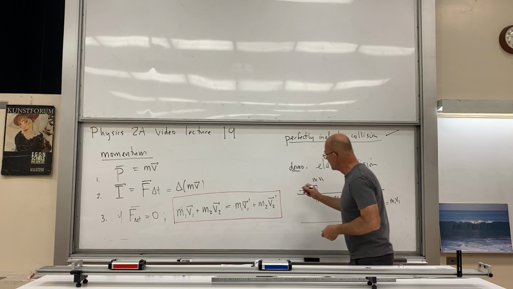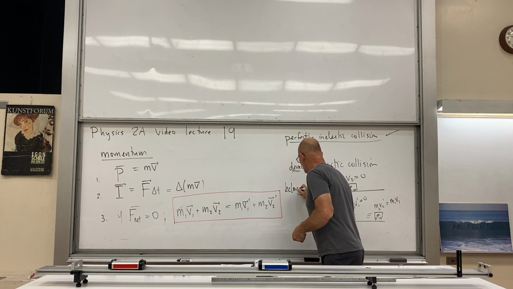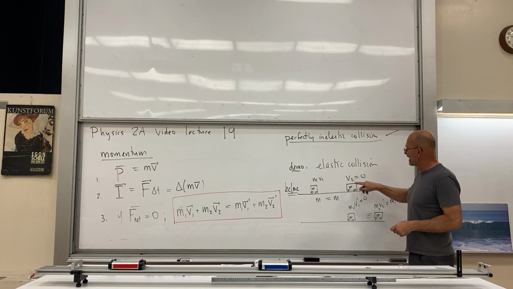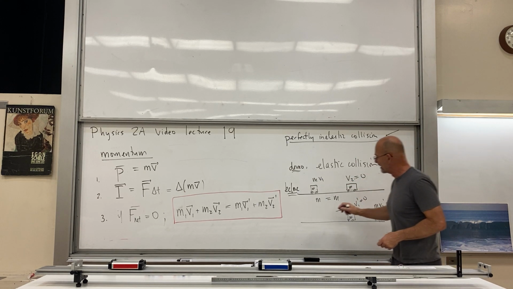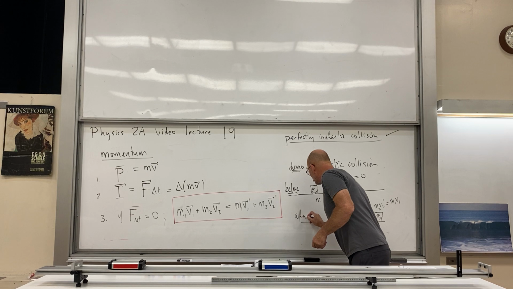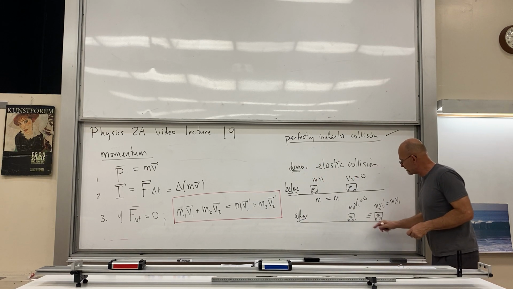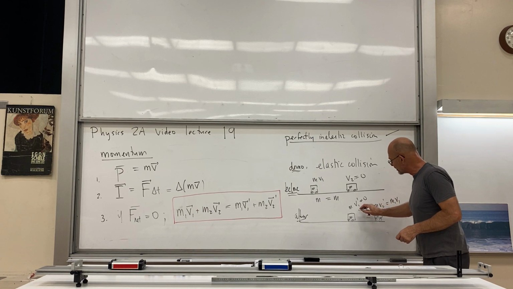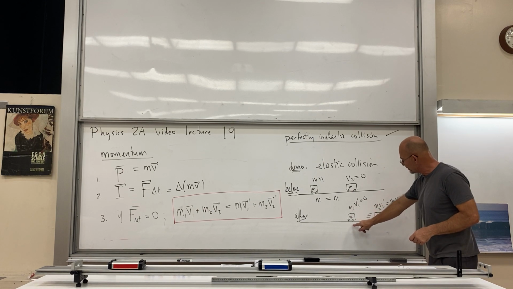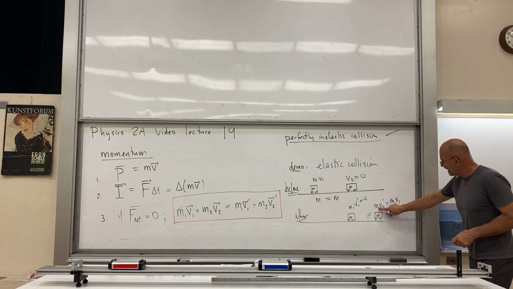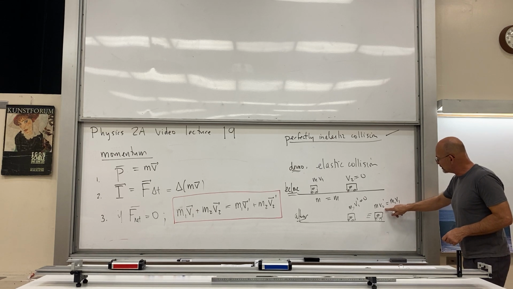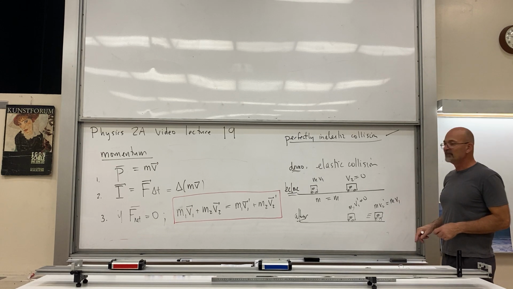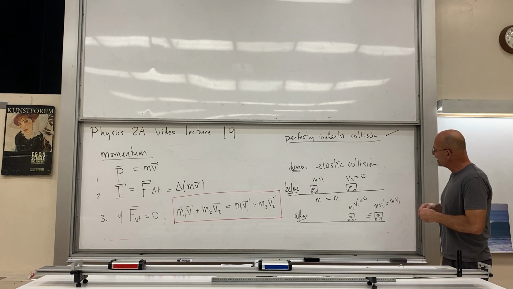So before we have M V1 and V2 is equal to 0, and after we have M V1 prime equals 0, V1 prime is equal to 0, this is a stop, and M V2 prime is equal to M V1. So that's the idea of that.